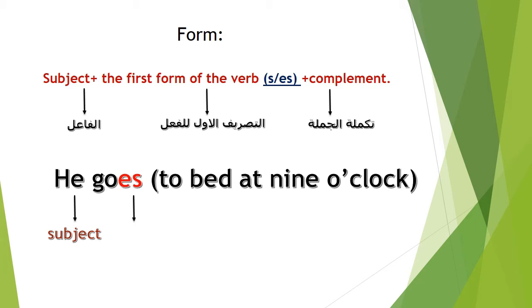Go plus es. And we will know why we add es. And goes here is the verb. Then comes the complement of the sentence, which is to bed at 9.